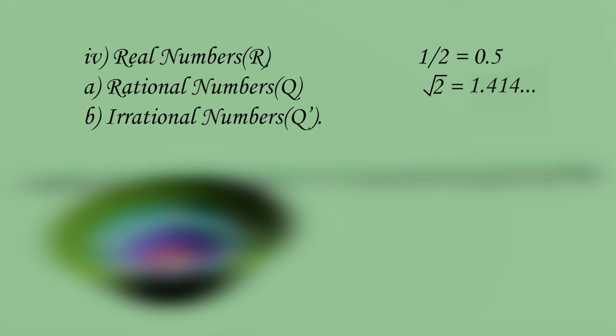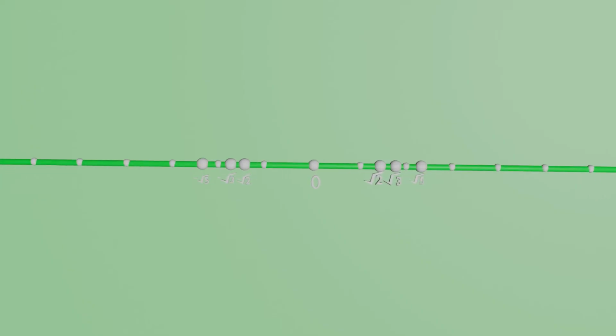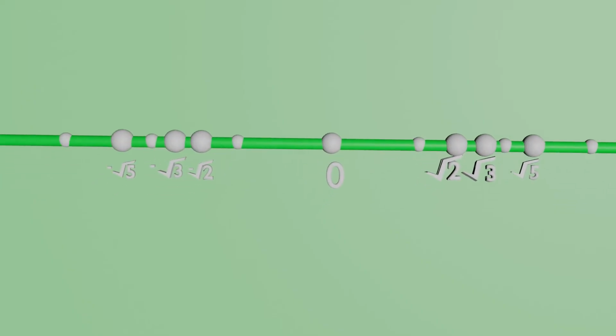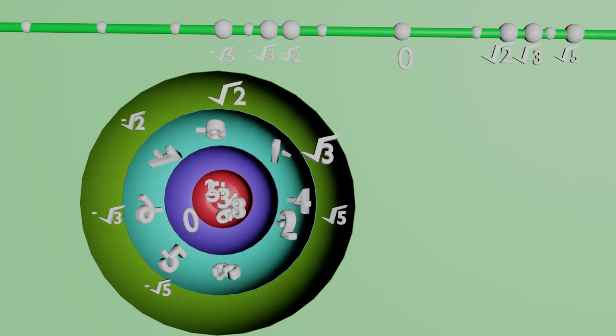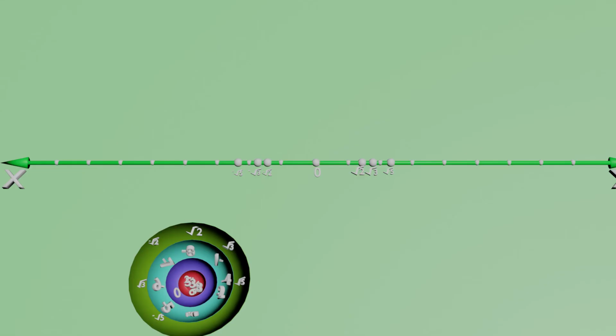Now, I am going to put these numbers on the number line. And thus the numbers in the green basket along with other smaller baskets represent real numbers. Here I have represented only irrational numbers instead of both rational and irrational numbers on the number line to reduce overcrowding of numbers.